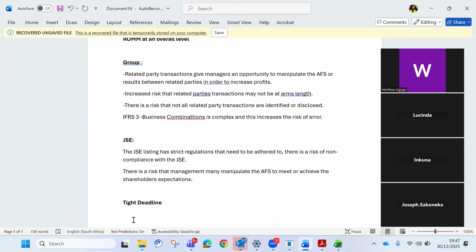What else does it do if there's a tight deadline? It gives management the opportunity for fraudulent financial reporting, because now we're not even going to include events after the reporting period. And also, you as the auditor are under pressure and are in a hurry.